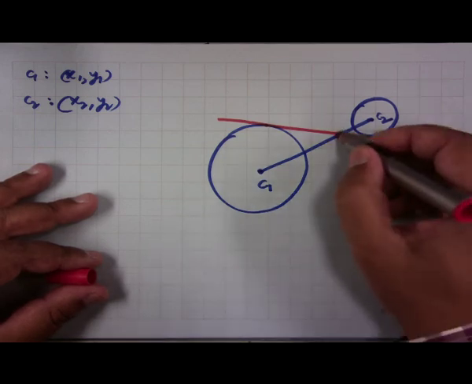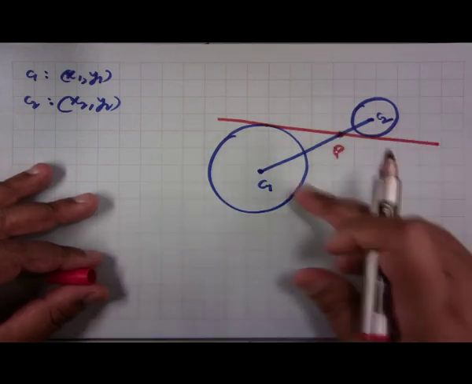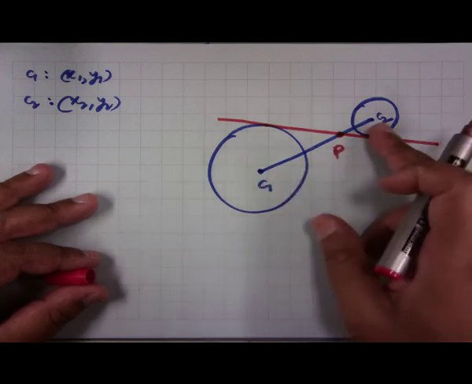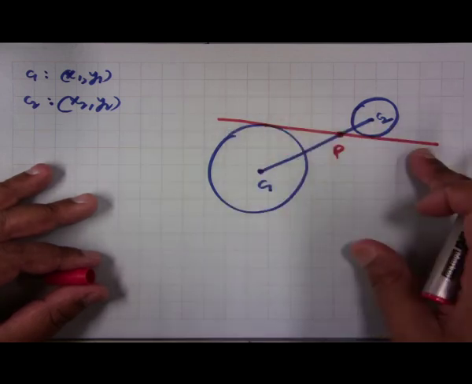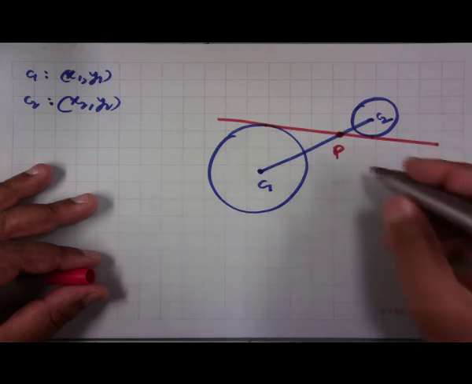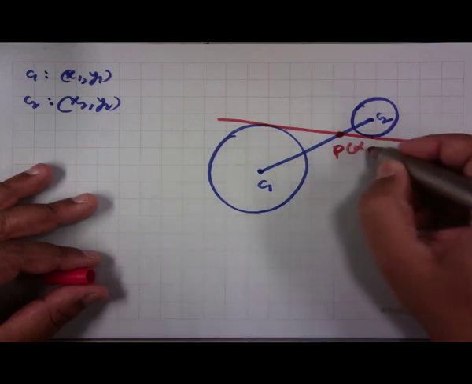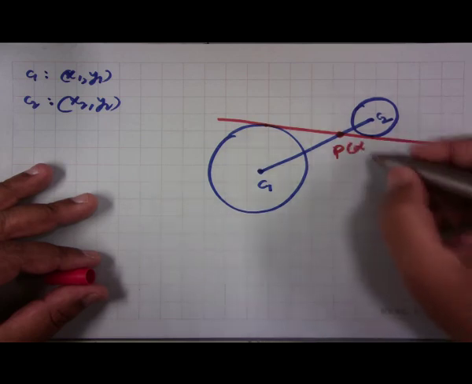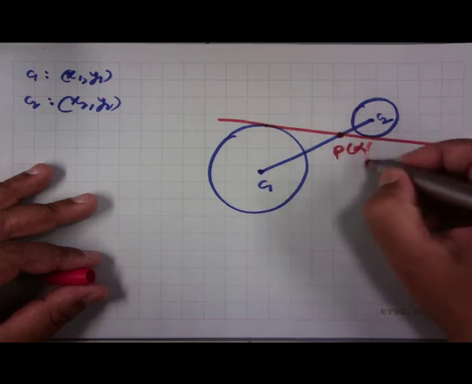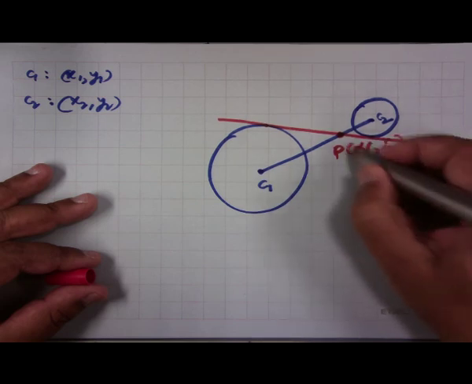And let us say that this is the point P, which is the point of intersection of the straight line joining the two centers with the transverse common tangent, and let this point P have coordinates gamma and delta.